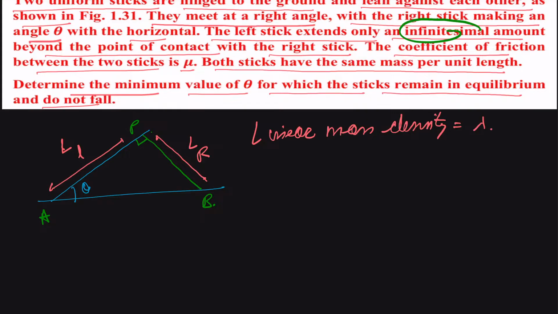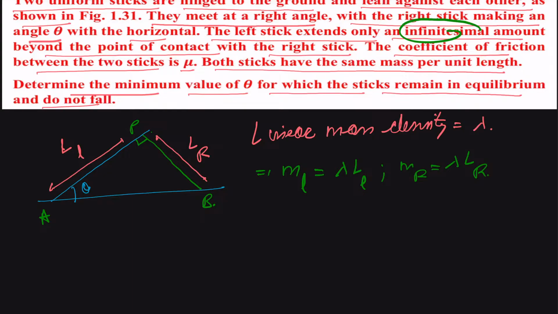Therefore, the mass of our left stick will be equal to lambda times its length, and the mass of our right stick will be equal to lambda times the right length.